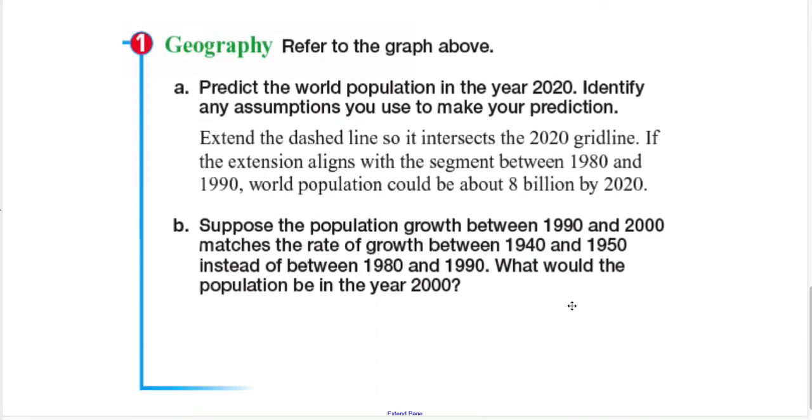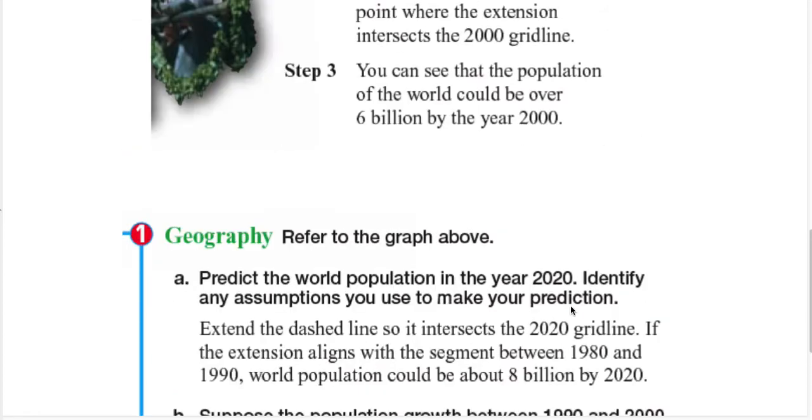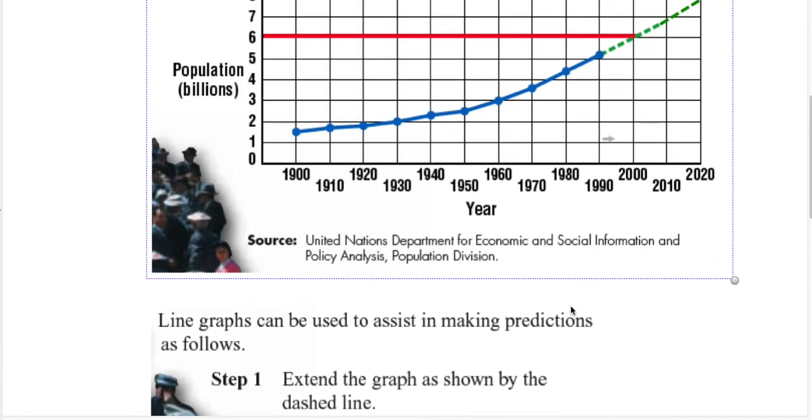Suppose the population growth between 1990 and 2000 matches the rate of growth between 1940 and 1950 instead of between 1980 and 1990. What would the population be in the year 2000? So again, let's read that question. Suppose the population growth between 1990 and 2000 matches the rate of growth between 1940 and 1950. And if you look at 1940 to 1950, this is the rate of growth right here.